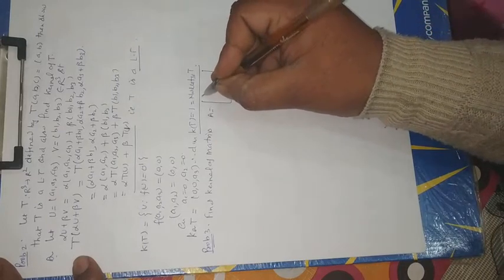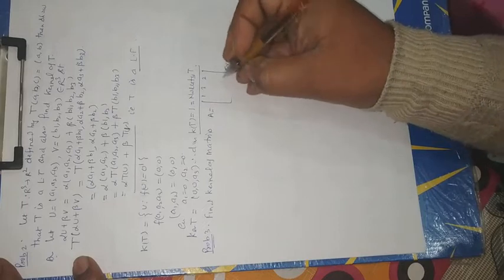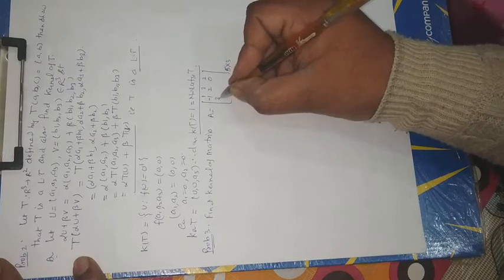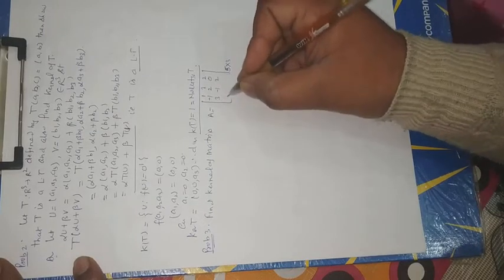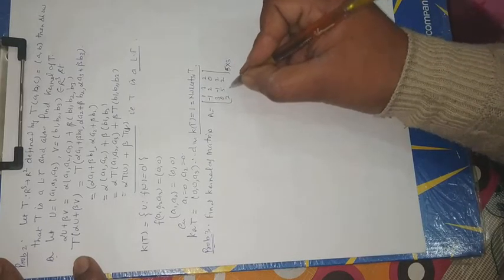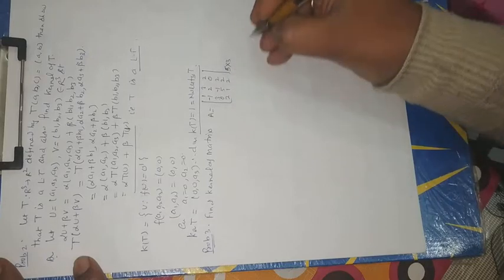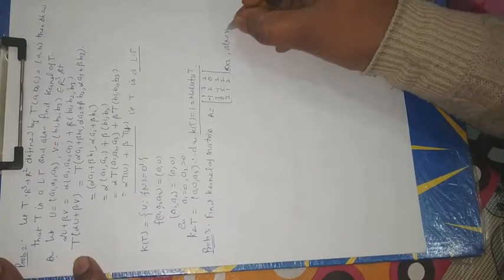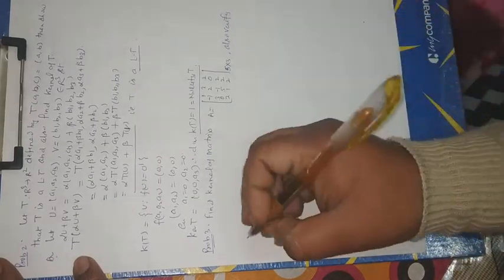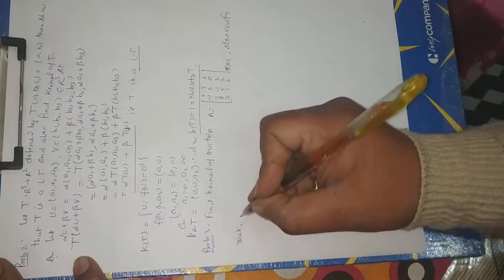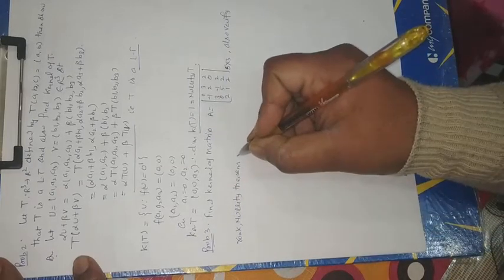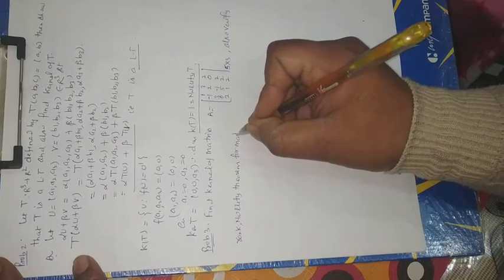So first row 1 3 2, second row -1 2 0, third row 3 -1 2, fourth row 0 5 2, last row 2 1 2. Also verify the rank nullity theorem for matrix A.